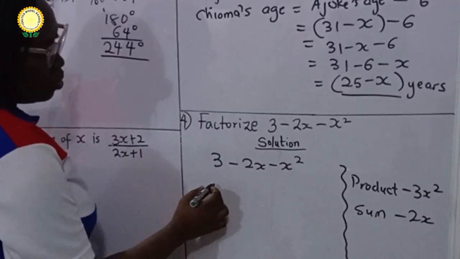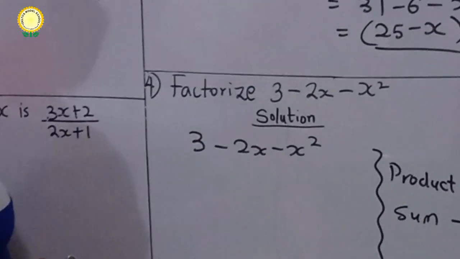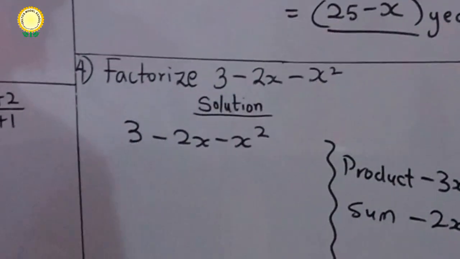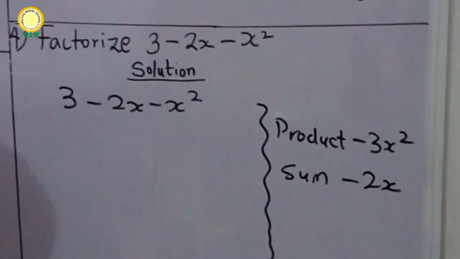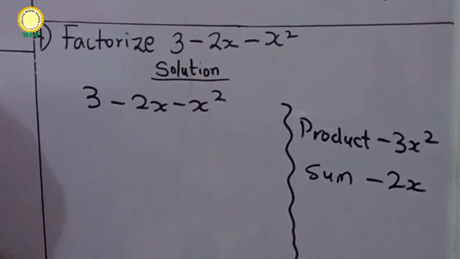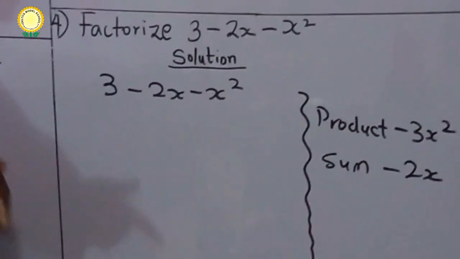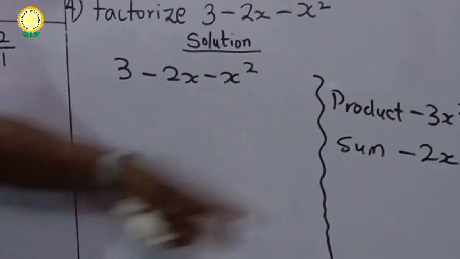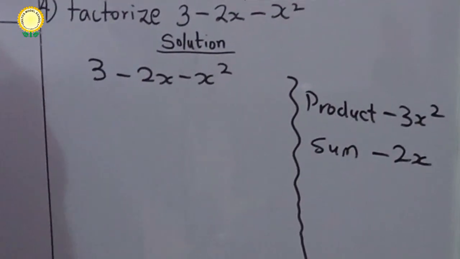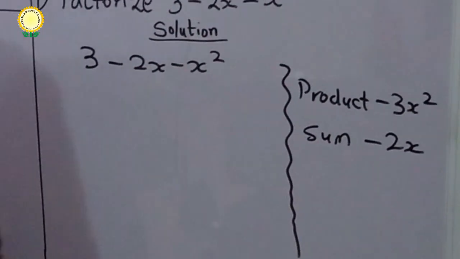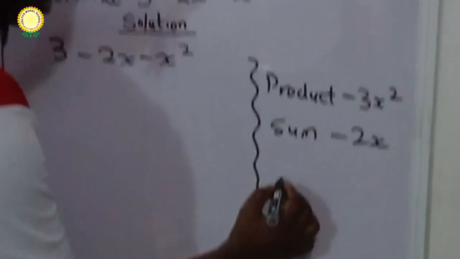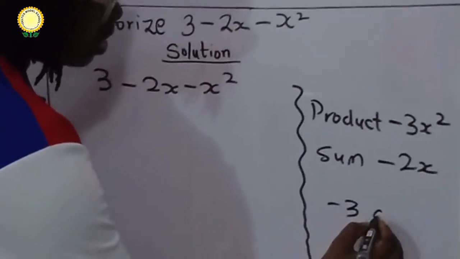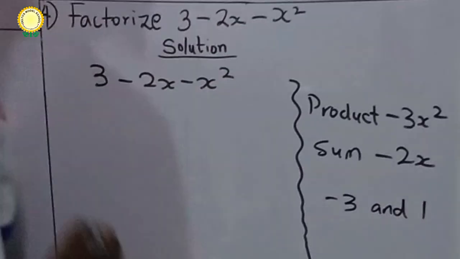The next thing we will do is to find the factors because we're asked to factorize. So what can we multiply together to get this and add together to get negative 2? That is minus 3 and 1. Minus 3 times 1 will give you minus 3. Minus 3 plus 1 will give you minus 2. So the factors are negative 3 and 1.